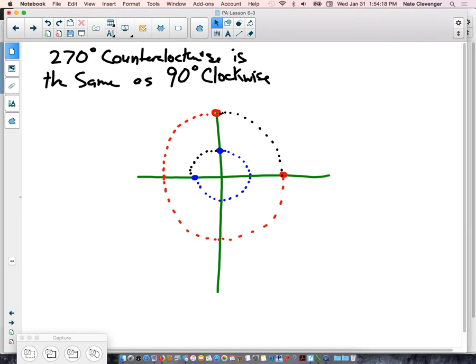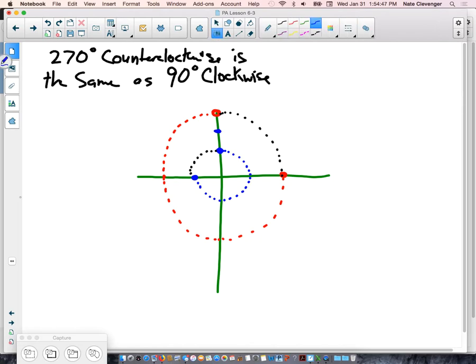The reason we're doing this is it's much like the Pythagorean theorem, where I said that when you find A or B, you can use either one. Well, if we learn this relationship that the counterclockwise 270 is the same as clockwise 90 and vice versa, we don't have to learn as many rotation notations. Okay? One more.